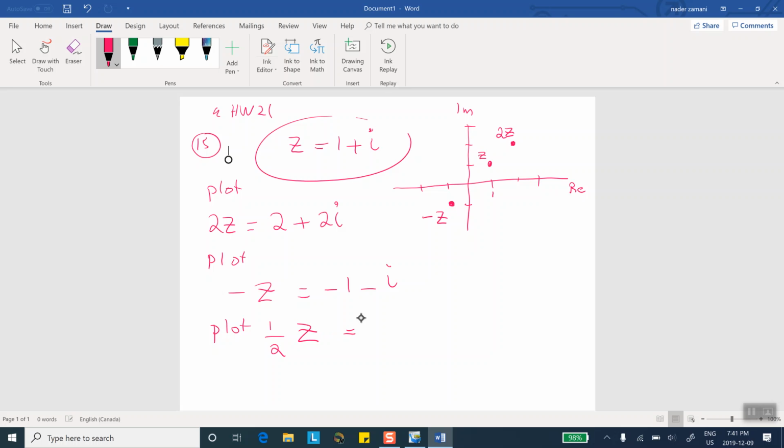If this is your z, 1/2 of z is going to be 1/2 plus 1/2 i. So you go a half to the right, a half above, and there we are. This is 1/2, and this is 1/2, so this is 1/2 z. Okay, let's do the other one.